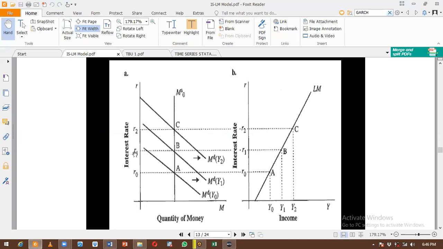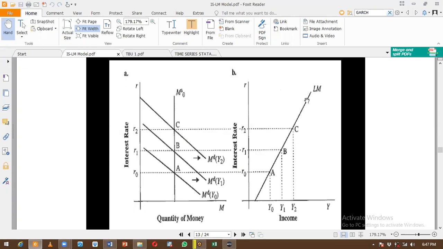When we join the new value of R1 and Y1, we get our point B. If we increase income again, money demand is going to increase, causing an upward shift in the money demand curve, and before equilibrium can be restored, interest rate must rise. When we join those two points, we get point C.